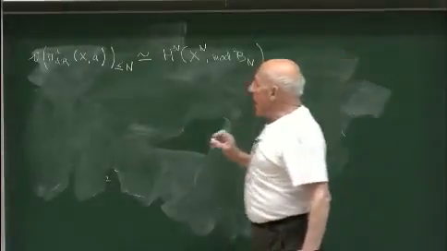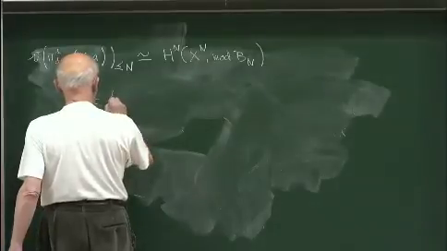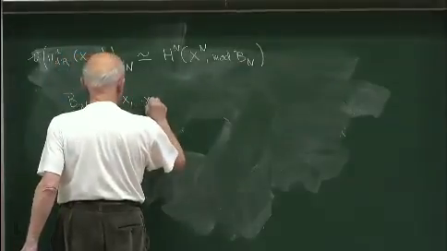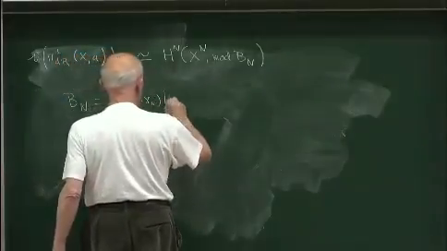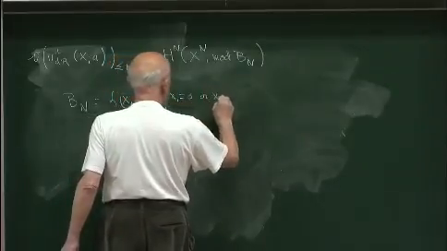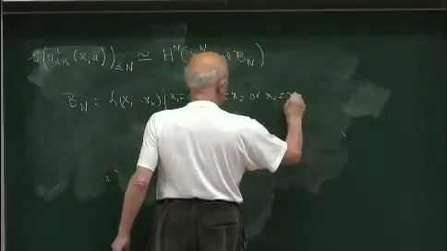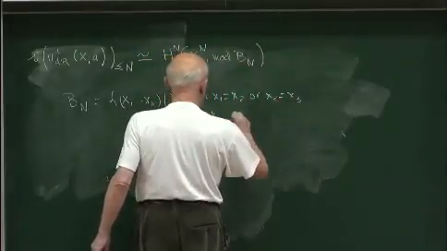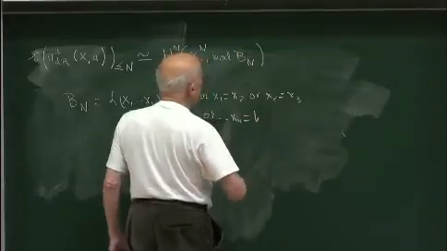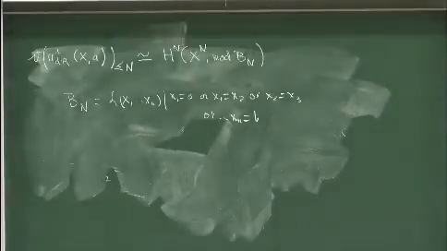And what is B_n? B_n is a set of elements x1, ..., xn, with the property that x1 is A, or x1 is x2, or x2 is x3, or etc., or xn is B. That means you have been removing a certain number of subvarieties, divisors.